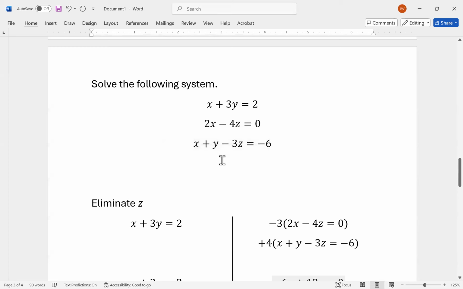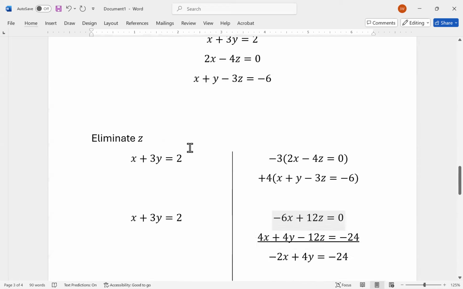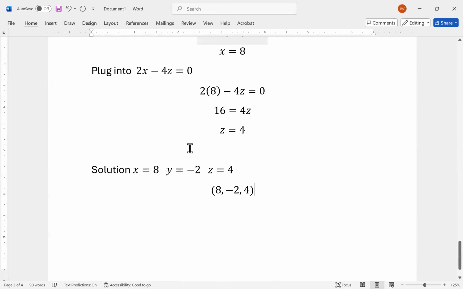It turns out that if you do that, you'll get a true statement in every equation. So 8, negative 2, 4 is the unique solution to this system of 3 equations with 3 variables.